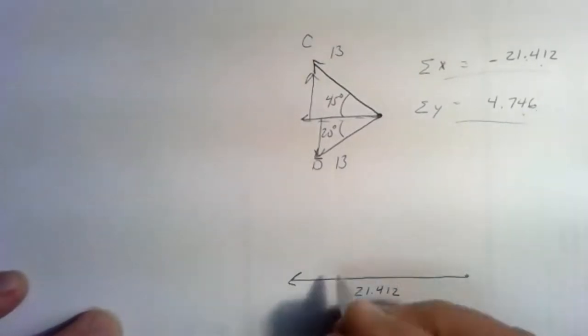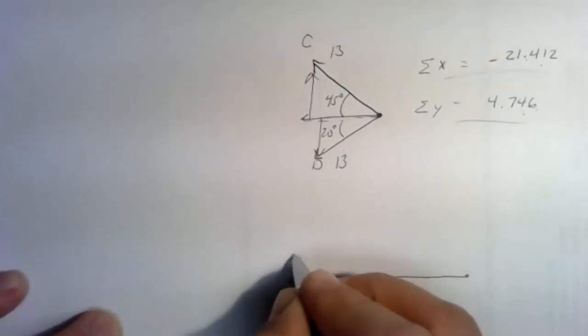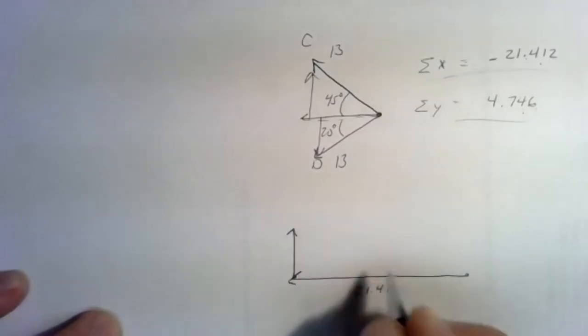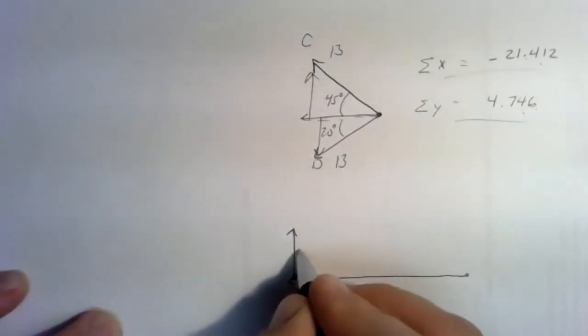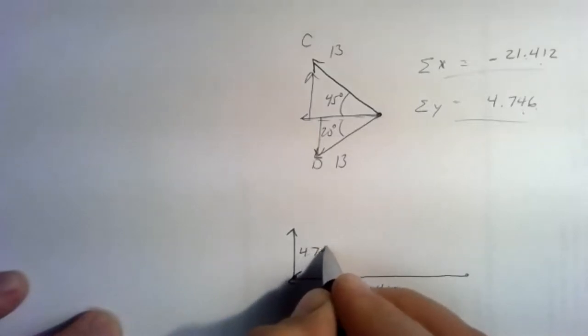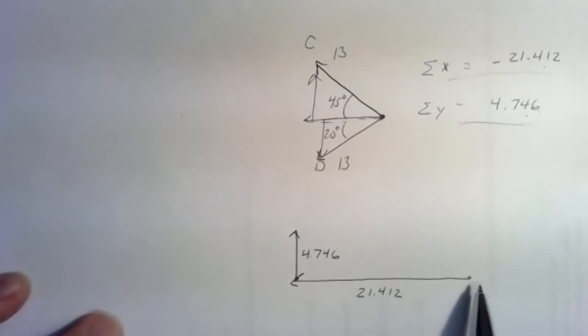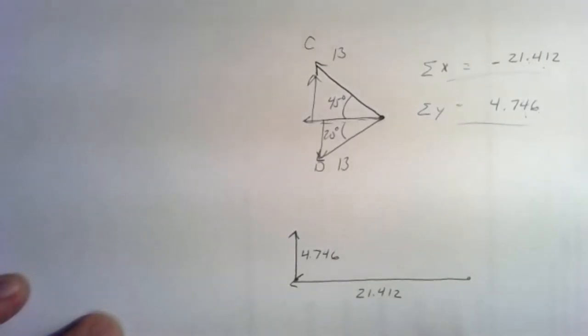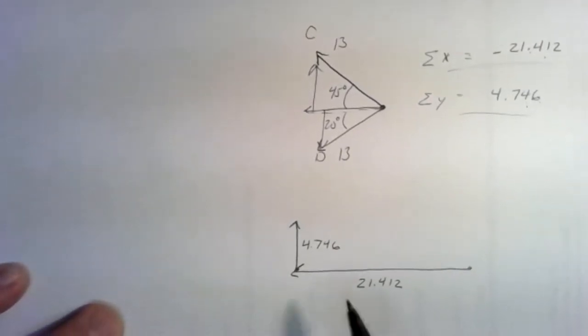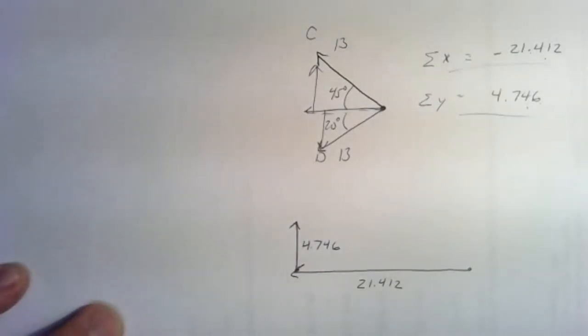Then I've got my y component, and I draw my y component right in where I left off, roughly to scale, and label it 4.746. So those are your two components. Your net x component was 21.412 to the left. Your net y component was 4.746 up.